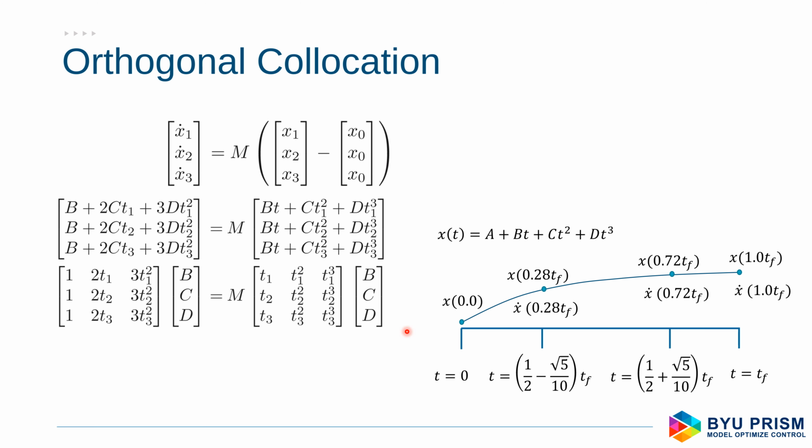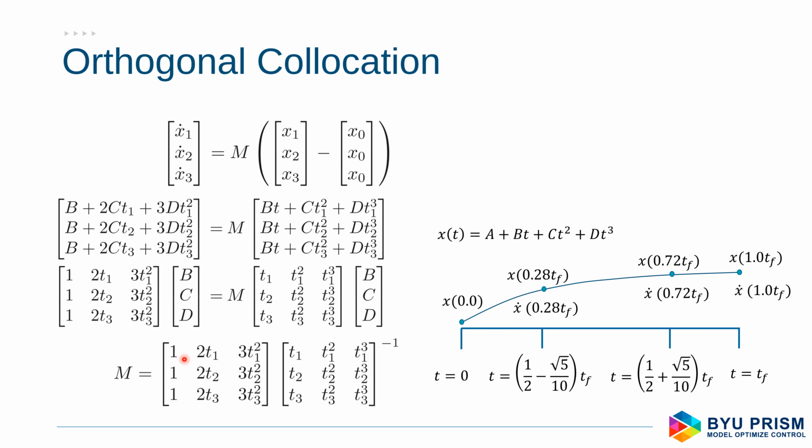And then it's just a matter of plugging in these time points. They're given by a Lobatto quadrature, and then coming up with your matrix M. So we've just substituted in all these t values and computed that matrix M. The other thing that we do to make this easier to solve, instead of putting M on this side of the equation, we move it over to the other side by taking the inverse of M. That becomes N, and that's going to be a 3 by 3 matrix.